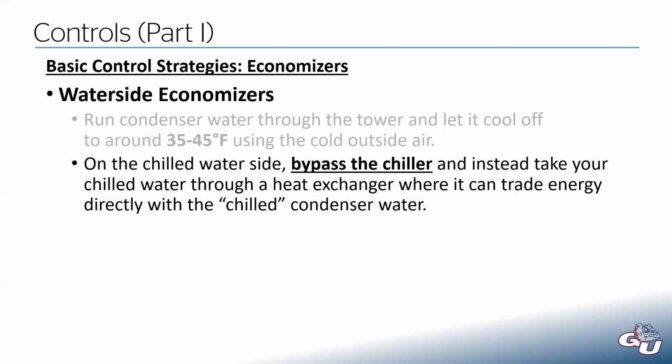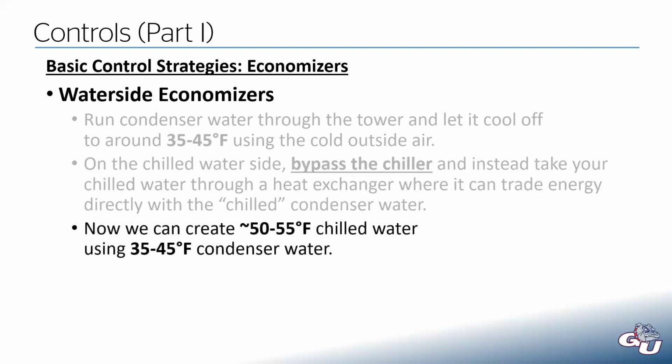And instead of going through the chiller, we're going to go to a heat exchanger where the chilled water side can trade energy with the, using air quotes, chilled condenser water. So now we can create 50 to 55 degree chilled water that we can send out and use in our building using that 35 to 45 degree condenser water.